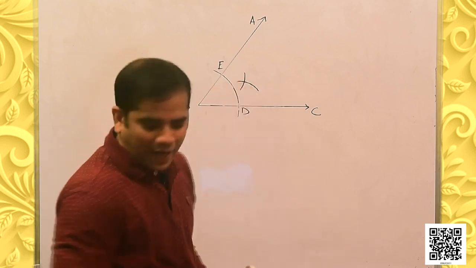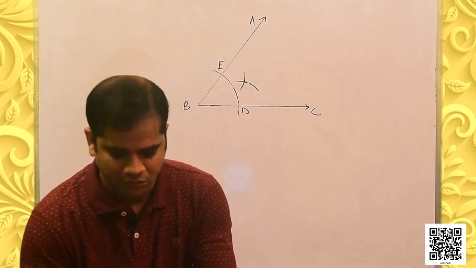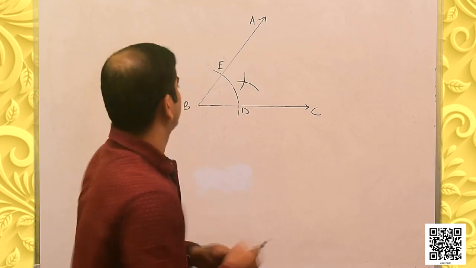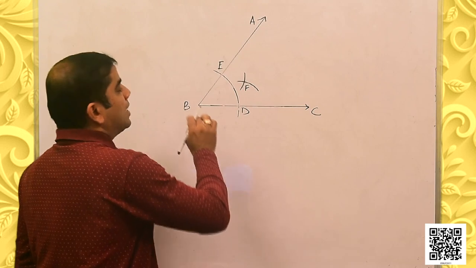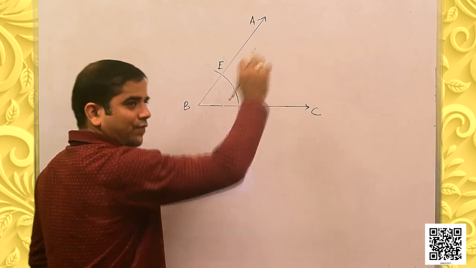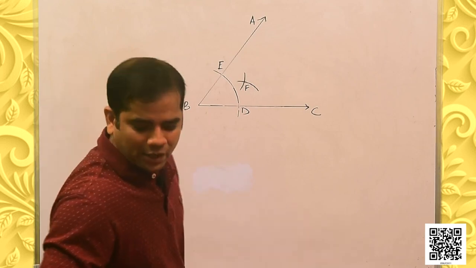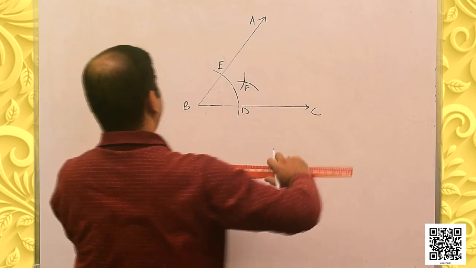Let us take that point as F. So when I draw a line which goes through F, it will be the bisector of angle ABC. So let us draw the line.